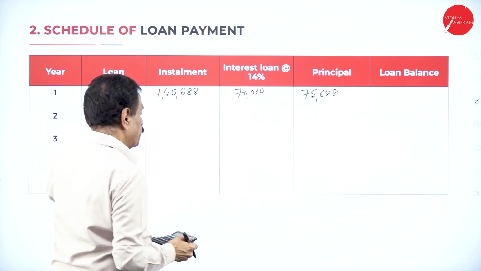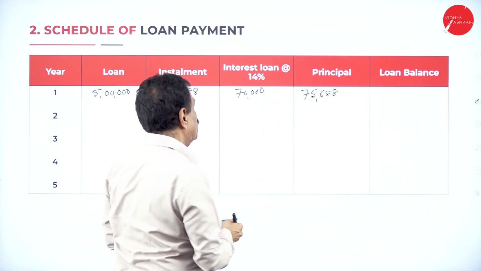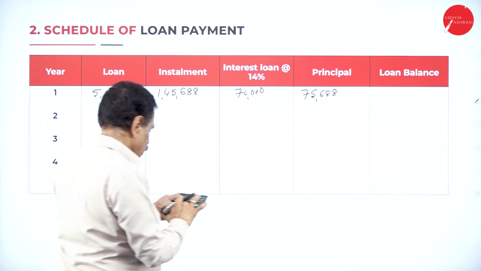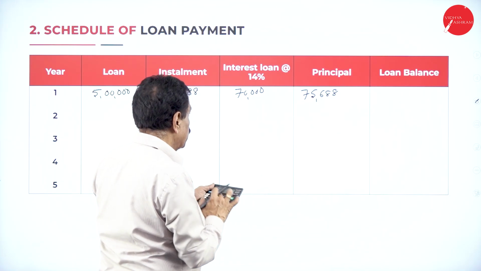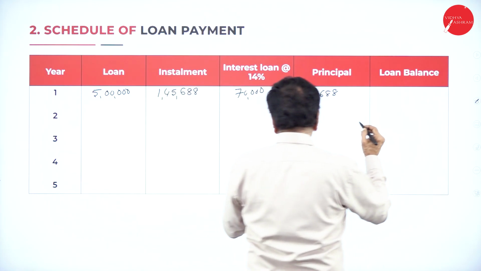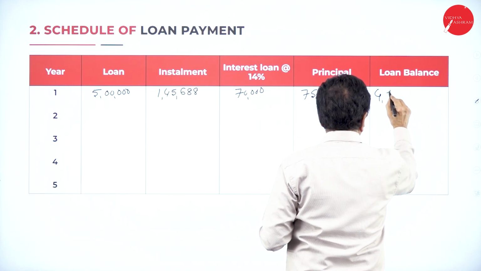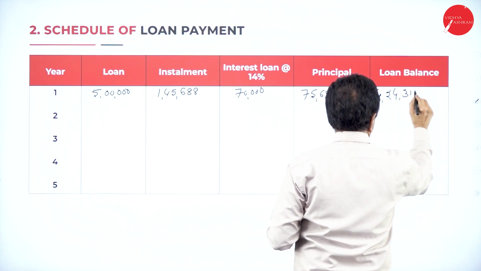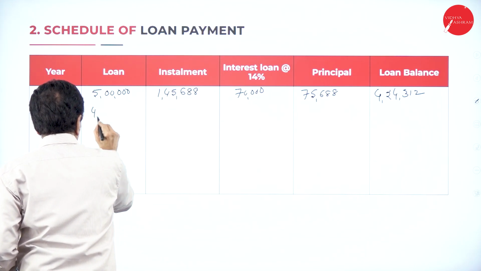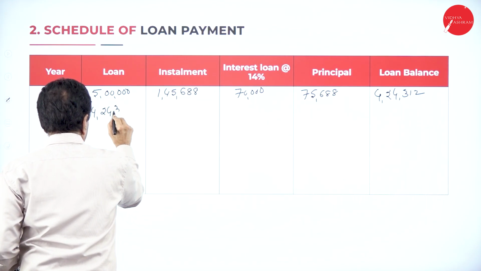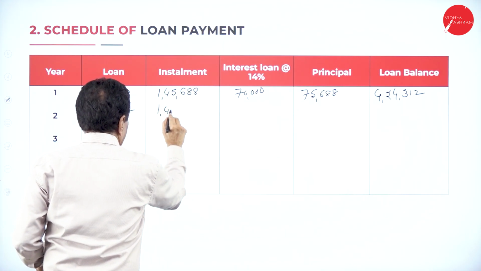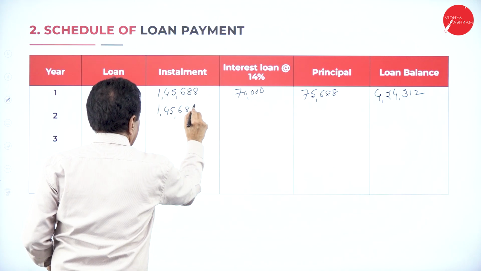So for 5 lakh rupees, what is the actual amount paid? 75,688. 5 lakh minus 75,688 is 4,24,312, still balance. Here the loan amount is 4,24,312. Installment 1,45,688.